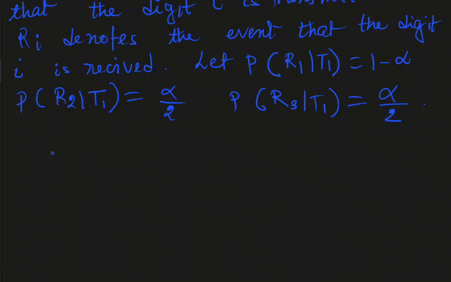Similarly, P of R2 given T2 is 1 minus beta.